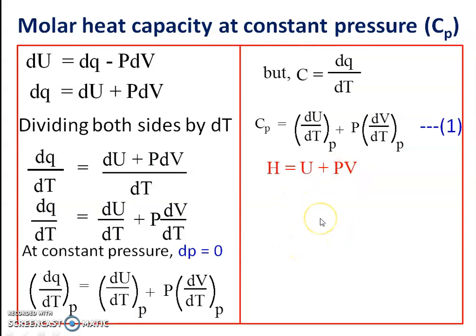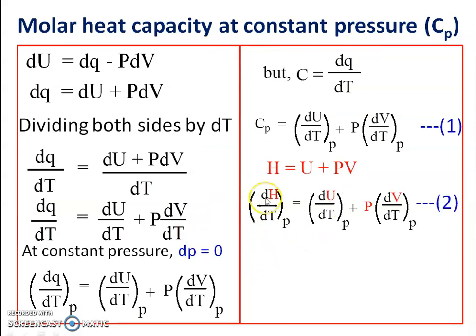Now differentiating this equation with respect to temperature at constant pressure, we write dH by dT at constant pressure is equal to dU by dT at constant pressure plus P into dV by dT at constant pressure.